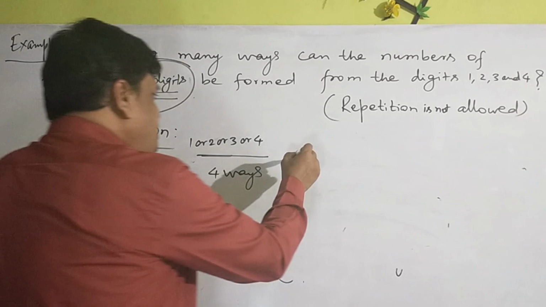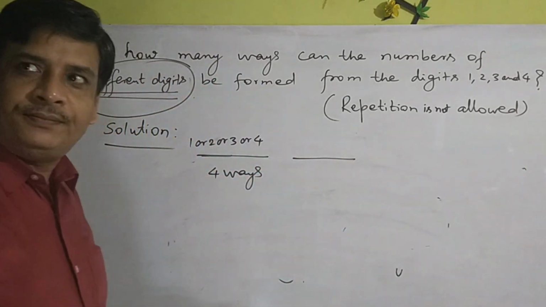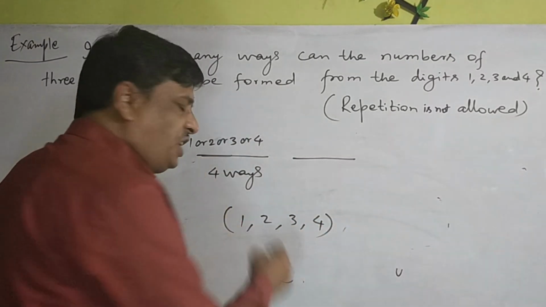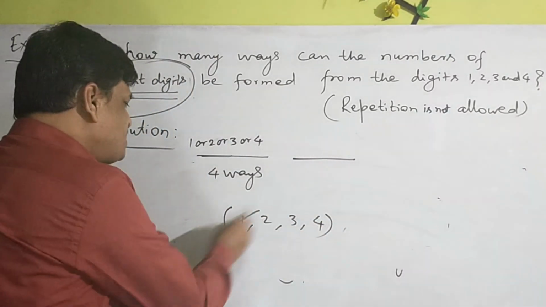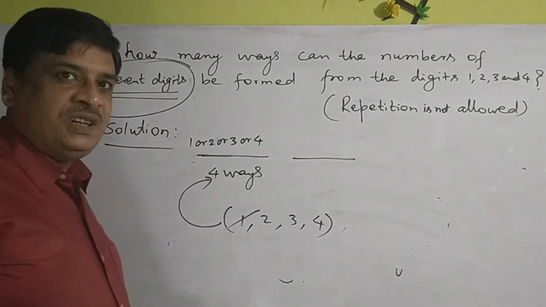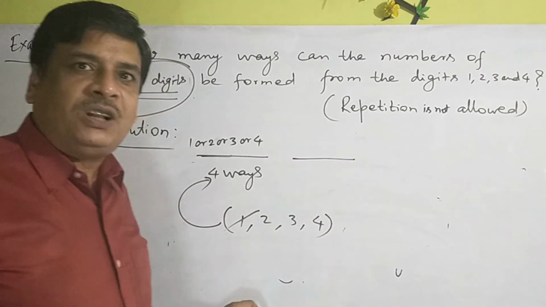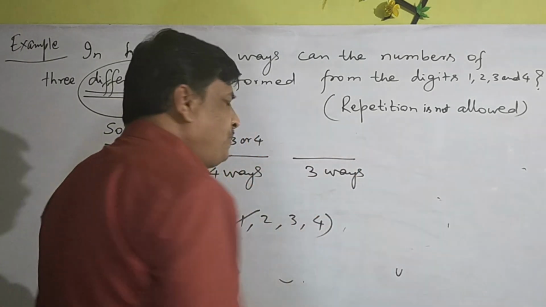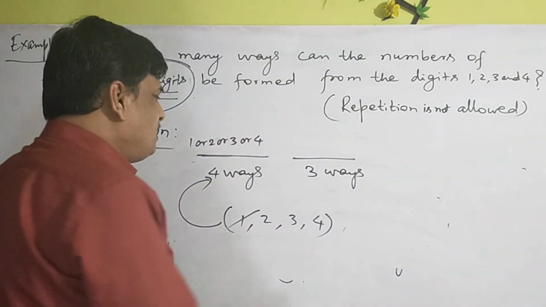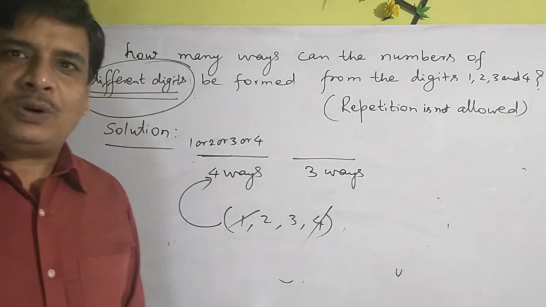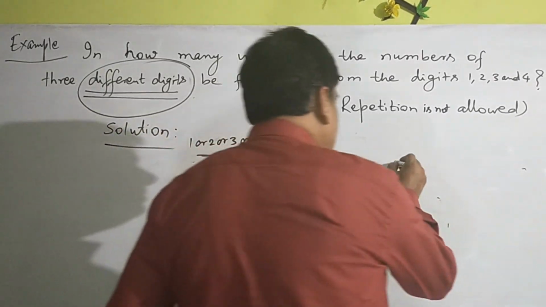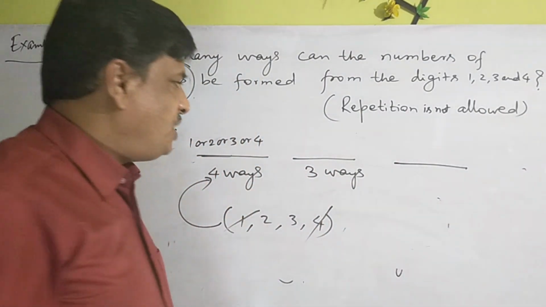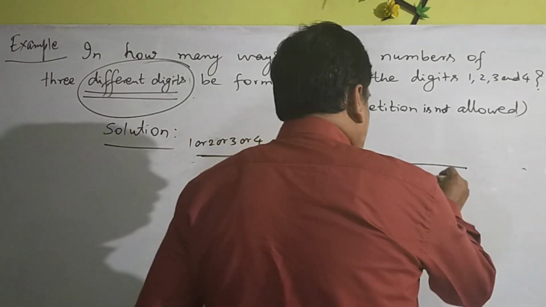If one digit is used at the hundreds place, then only 3 digits will remain for the tens place, so the tens place can be filled in 3 ways. Suppose the tens place is filled up by the number 4. Then for this choice, there remain 2 digits for the unit place, so 2 ways.